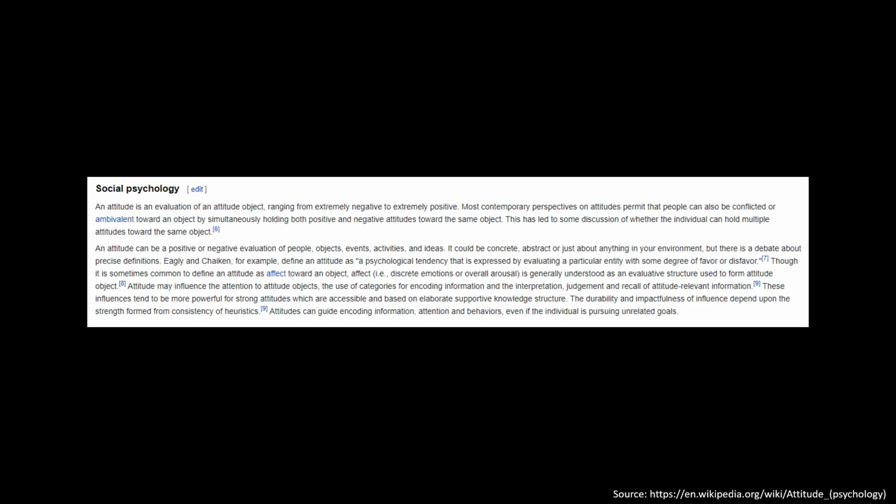This has led to some discussion of whether the individual can hold multiple attitudes toward the same object. An attitude, and this is the most important part here, can be a positive or negative evaluation of people, objects, events, activities, and ideas. So this is paramount to attitudinal psyche. When we split reality into 4 pieces and parts, a lot of objects, events, etc. comes with it.